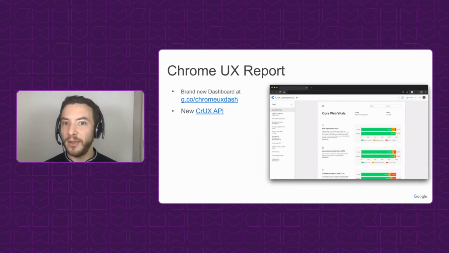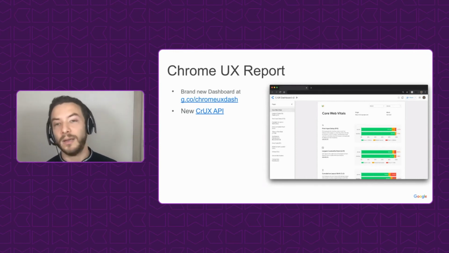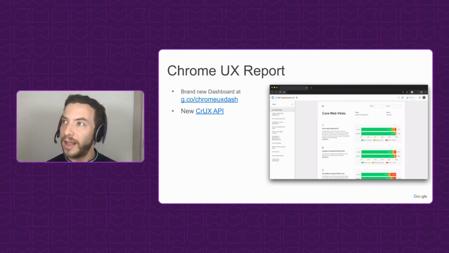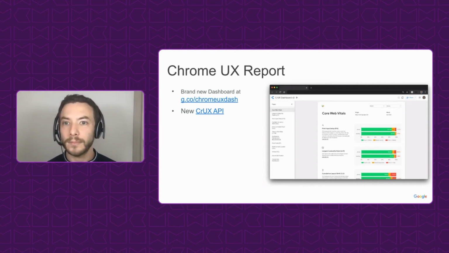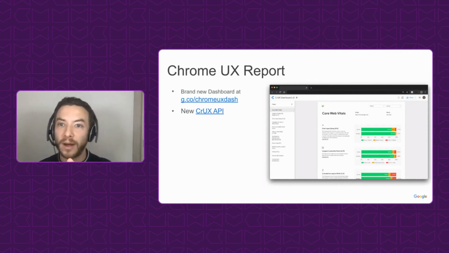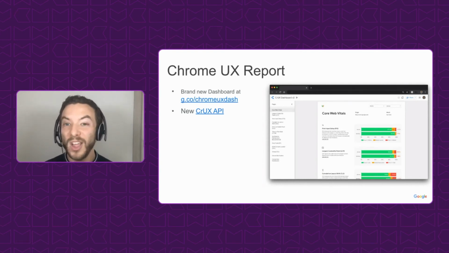On the CrUX API, you can find all the Core Web Vitals plus FCP, and it exposes the last 28 days time interval window. But it's really peculiar because you can check URL level data on the CrUX API, whereas on BigQuery, as you may know if you're not new to CrUX, you can only look at the whole domain. You cannot really deep dive on a single URL.